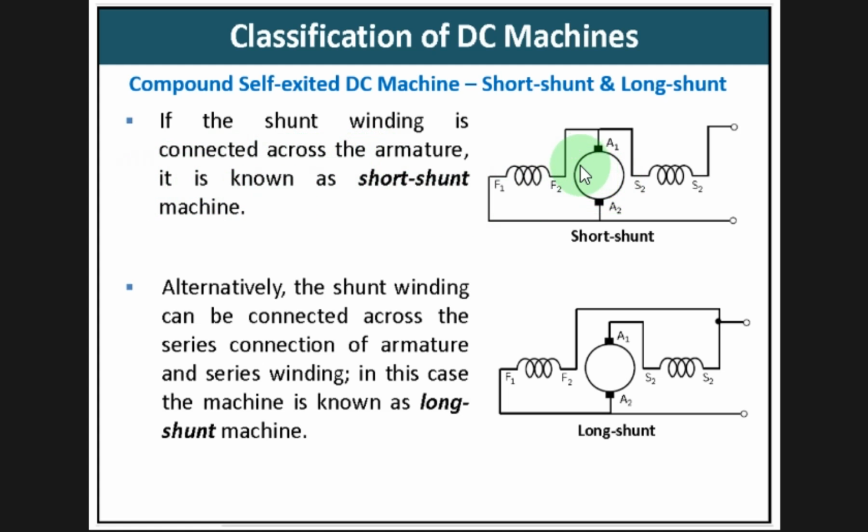That means the shunt field is only in parallel with the armature, not with the series winding. If you connect it so that the shunt winding is parallel to both of these, then it is called the long shunt machine. Alternatively, the shunt winding can be connected across the series connection of the armature and series winding. In this case the machine is known as a long shunt machine.